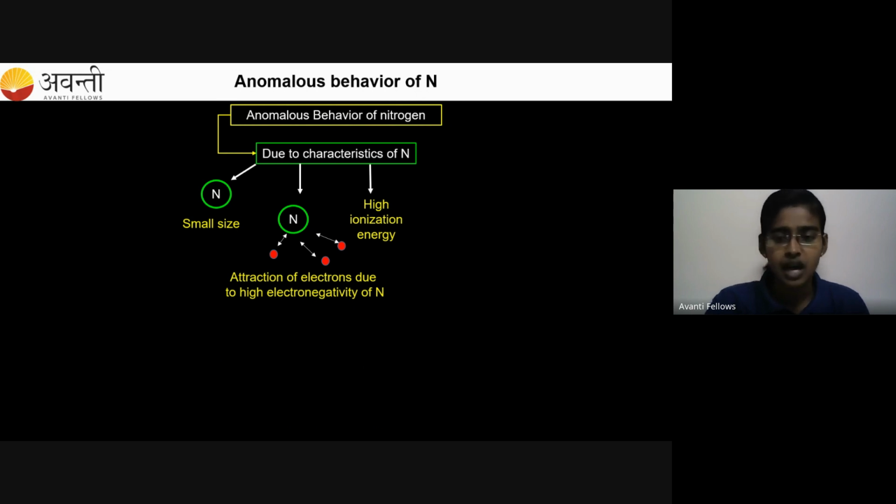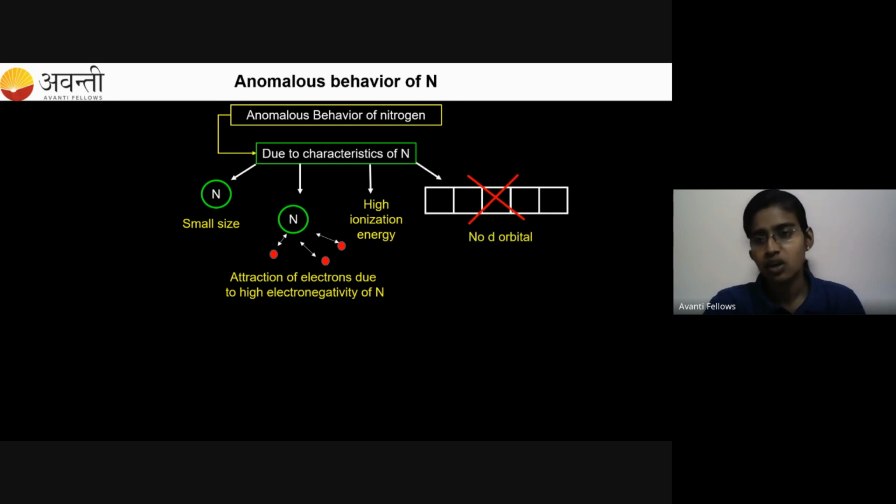And the fourth property is the absence of d orbitals. Since nitrogen is a second period element, it has only s and p orbitals, so no d orbitals are there. But its group members, phosphorus, arsenic, antimony, and bismuth, have d orbitals. Nitrogen does not have empty d orbitals, so that bond formation cannot occur, and because of that it behaves differently.